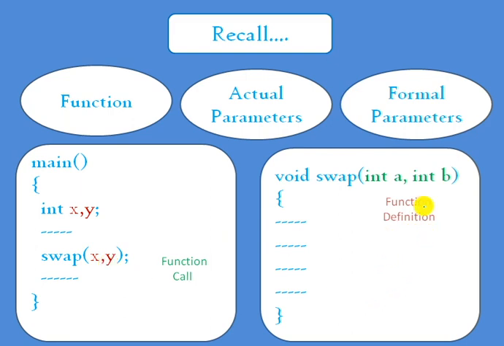If you observe, within the function call I have two integer variables x and y, and within the function definition two integer variables, int a and int b. Whenever you call any function, depending on the requirement, the function may accept parameters or may not. If the function accepts parameters, those parameters must be defined somewhere else within the program before the function call.